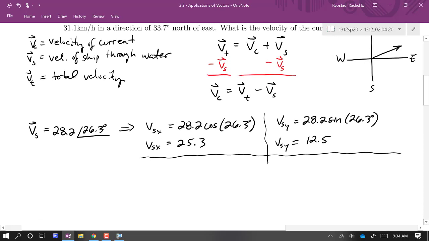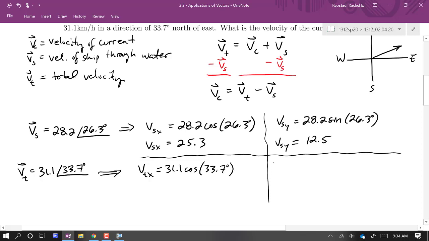The total velocity, they tell us, is 31.1 at an angle of 33.7 degrees. And do the same thing here.